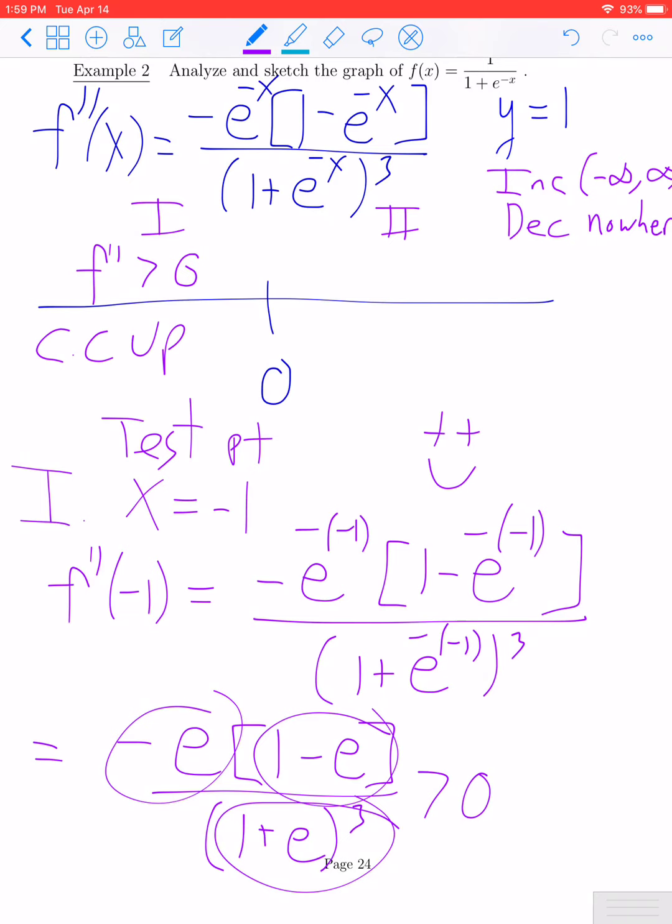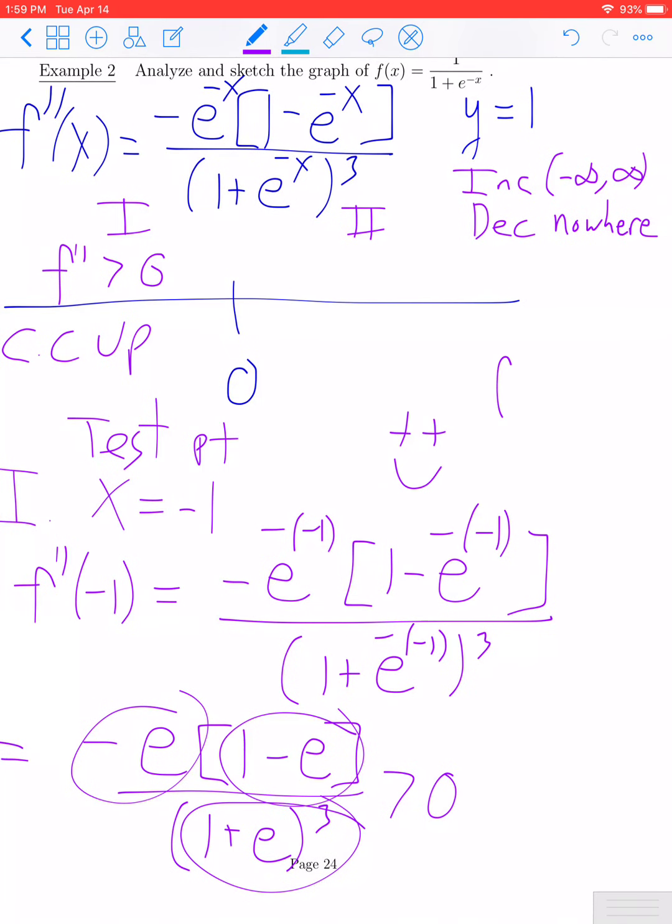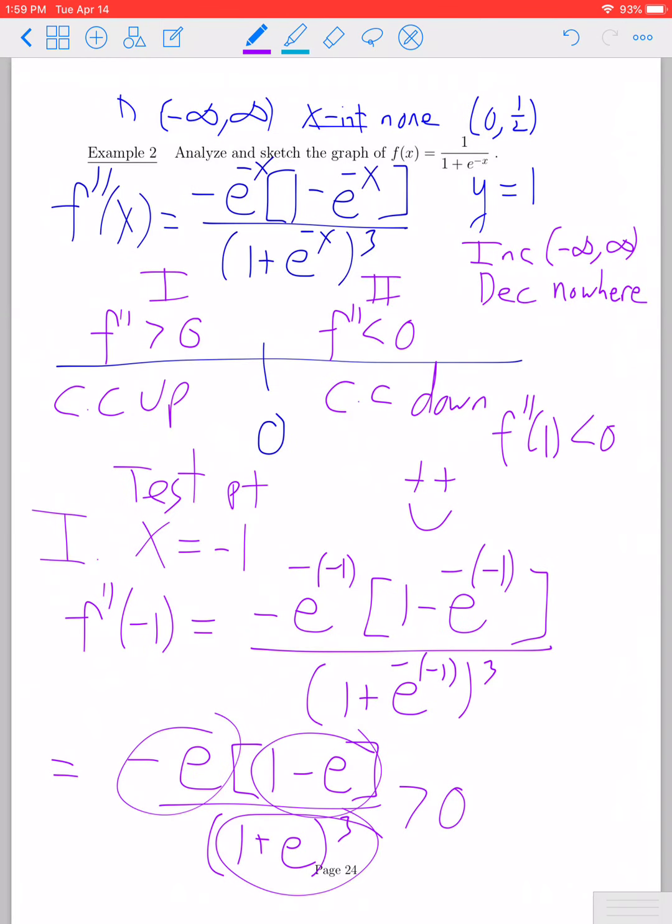I'll leave it up to everybody to test it on their own, but a good test point in region 2 might be to use x equals positive 1. Guaranteed, if you try f double prime of 1, that should be less than 0, which means that the graph is going to be concave down there. So we have answered concavity.